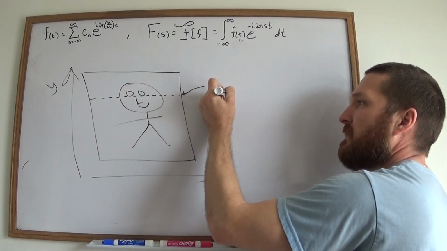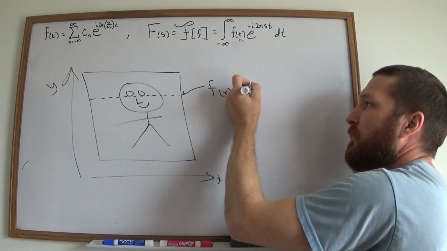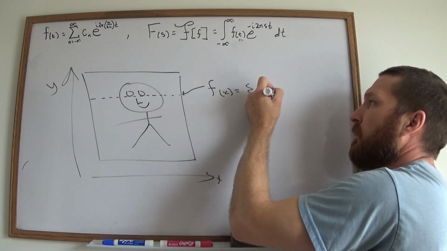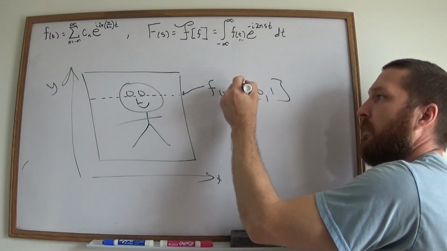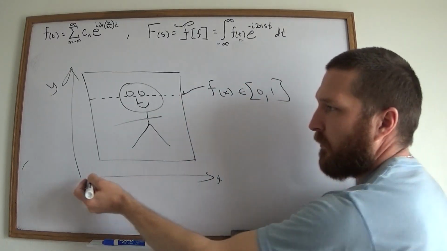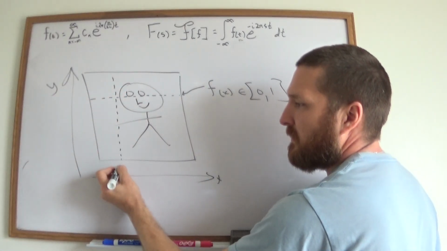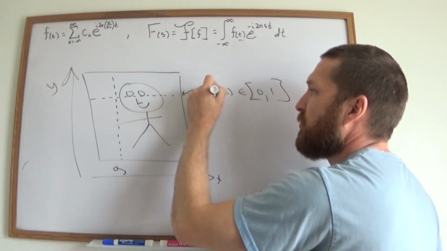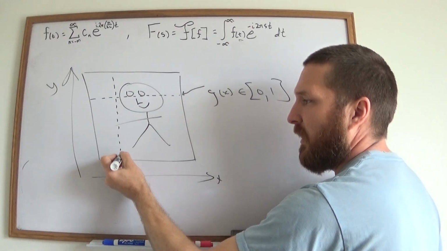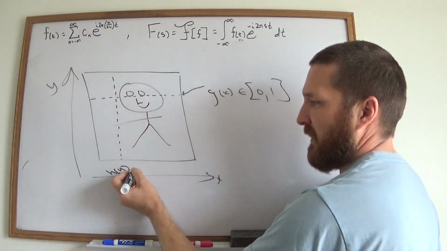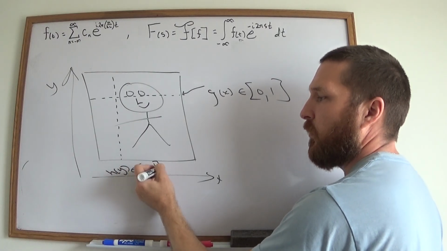Each one of these is a function of x, and it has some value between, say, 0 and 1. Ditto right here. Each one of these columns, I'm going to call this G, and we'll call this H. Each column here is a pixel, and its output value is some number between 0 and 1.